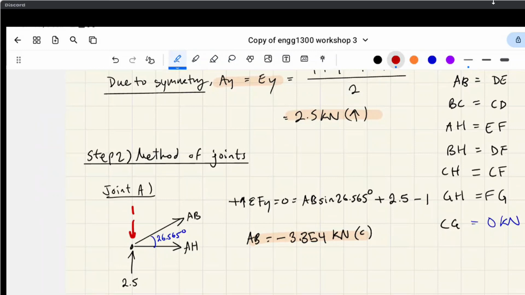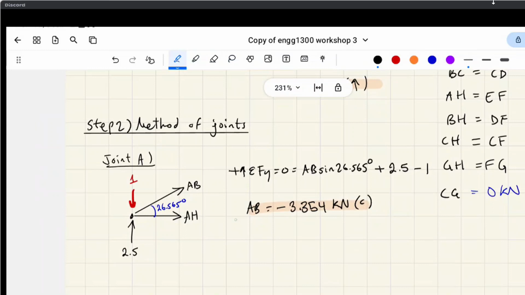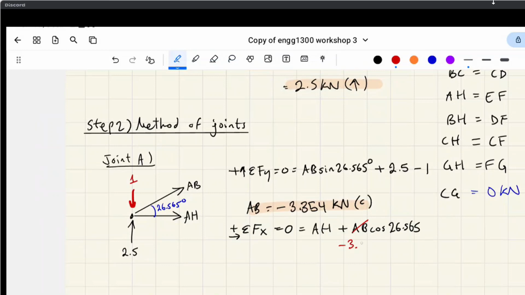Well, I don't know. For me, I might still get the maths wrong, but it's less likely if you do it like this, right? Okay, and now we can find AH as well. What we do is we replace AB with the negative magnitude, right?